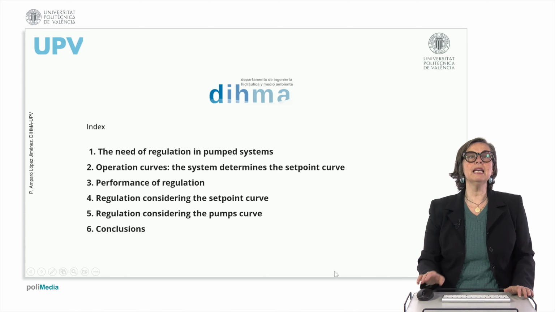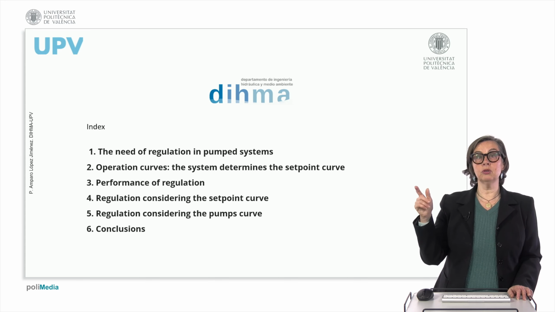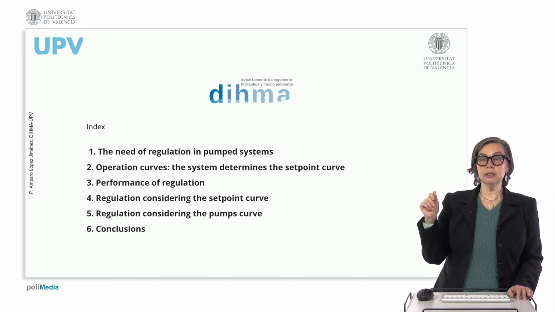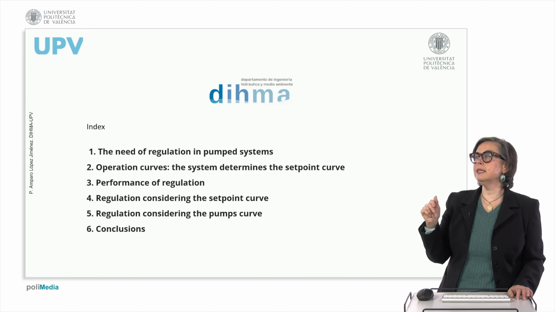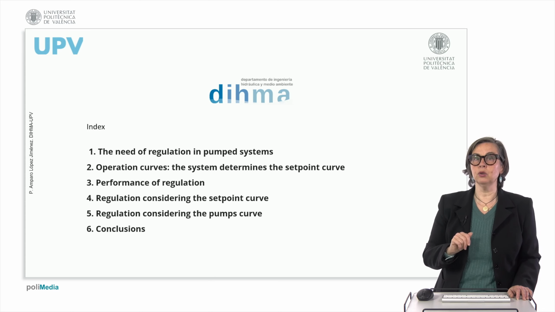So we will be speaking about the need of regulation, the operating curves, the performance of regulation, the way considering the set point curve, and the way considering the characteristic pump curve, to finally conclude.